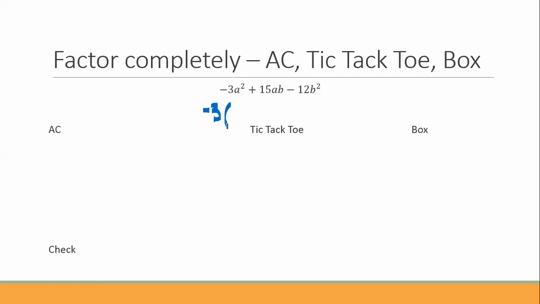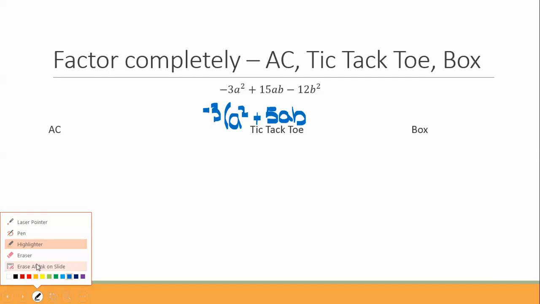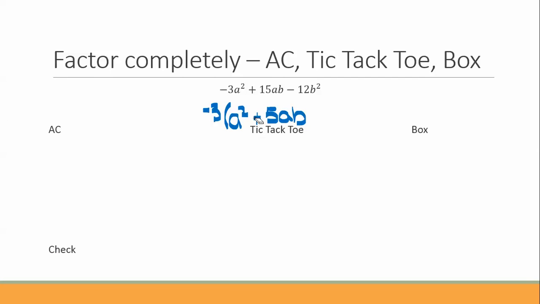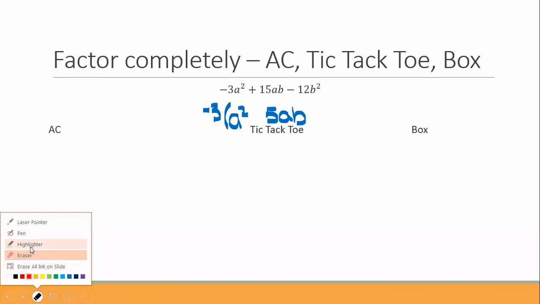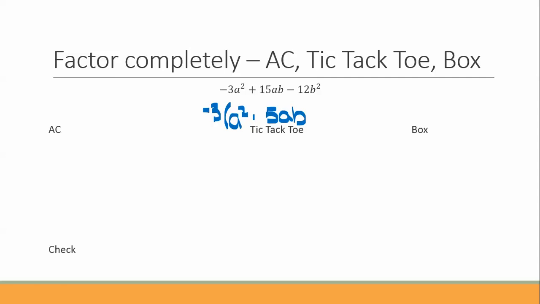So if we take out a negative 3, we have a squared plus 5ab. Oops, negative times positive is negative. We actually want this one to be minus 5ab, because negative 3 times negative 5 is positive 15.